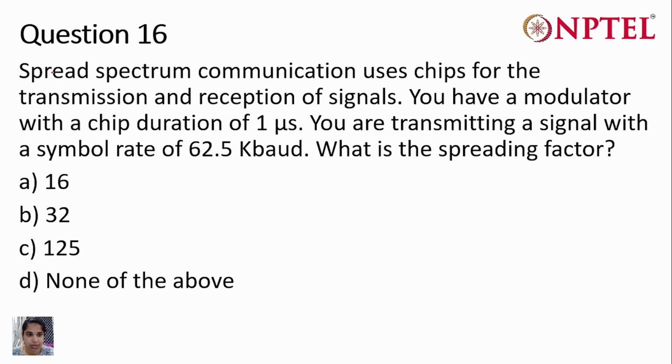Spread spectrum communication uses chips for transmission and reception of signals. We have a modulator whose chip duration is 1 microsecond, and you're transmitting a signal with a symbol rate of 62.5 kilobaud. What is the spreading factor?